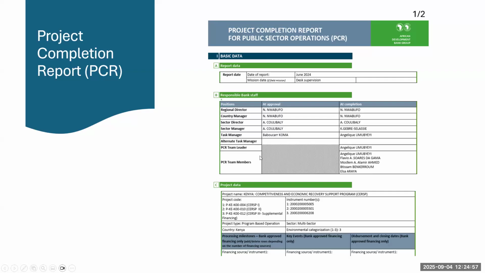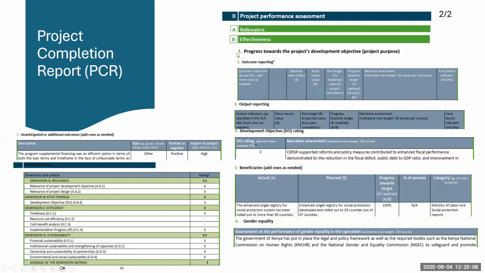You have basic data, report data, responsible Bank staff, those involved, and then you have the recall of project data, and then you have relevance. The task manager of the project will rate relevance, he will rate effectiveness. He will rate every one of the criteria that you know: relevance, effectiveness, efficiency, sustainability, and all this.